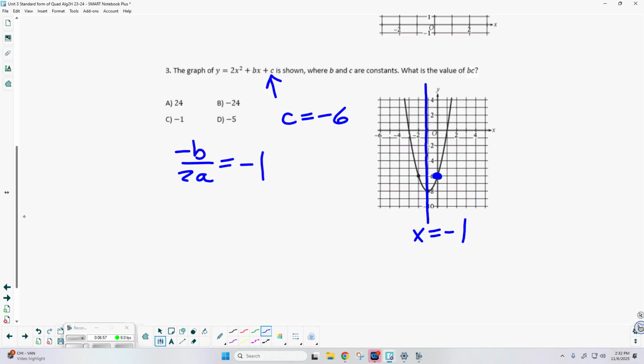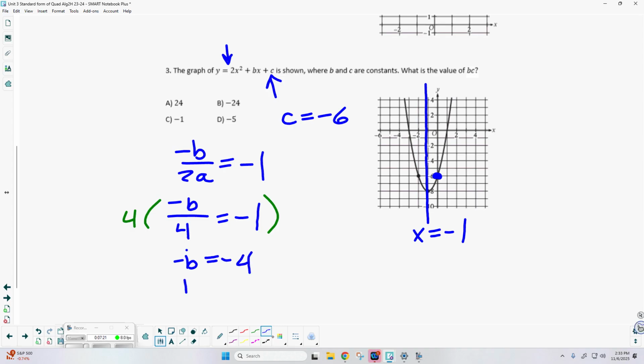Now, we're trying to figure out what b is, but we do have a from the expression. So the opposite of b divided by, well, if I plug 2 in here, 2 times 2 is 4, is equal to -1, then I've given myself just a simple little equation. I'll multiply through by 4. So it looks like -b is equal to -4, but I want b, so that means b is equal to 4.